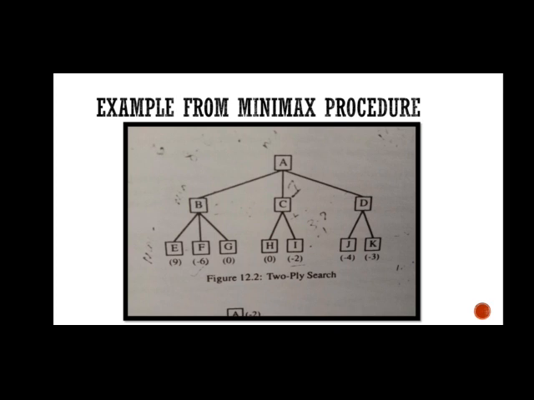Notice that at maximizing levels, only beta is used to determine whether to cut off the search, and at minimizing levels only alpha is used. But at maximizing levels, alpha must be known, since when a recursive call is made to minimax, a minimizing level is created.